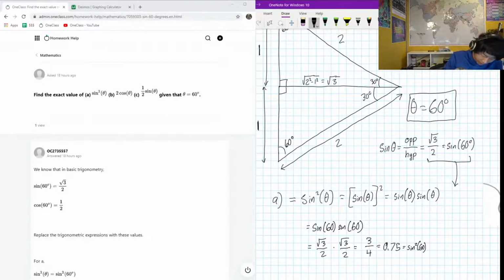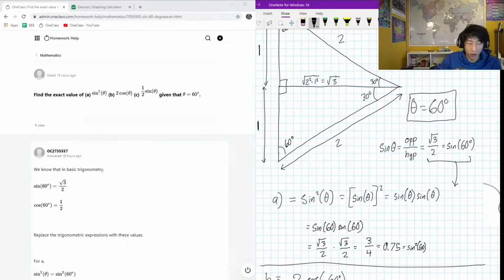Let's get our pen back. Part B is asking us 2 times cos theta, which is 60 degrees. Looking at our SOHCAHTOA breakdown, if we look at this 60-degree angle, we know that cos theta shall be adjacent over hypotenuse.